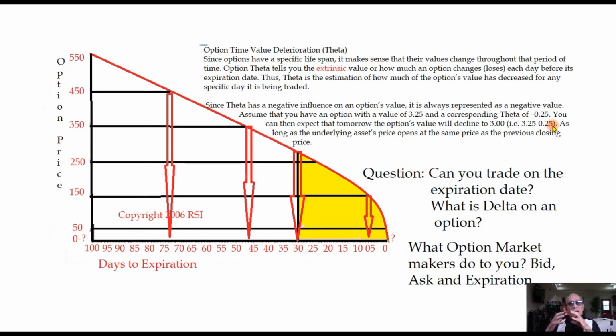So it always goes down, and therefore we end up at 0. But the biggest amount of drop is right here. It gradually drops, but when it comes close to the end, this thing really can drop.